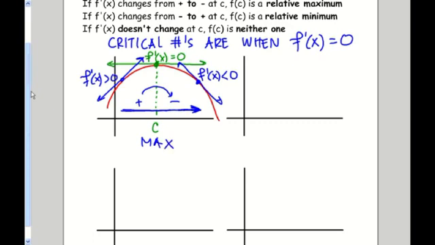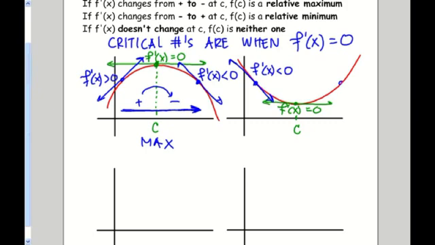Take a look at another example. This one, of course, is going to be a minimum. So I've got the same idea. I've got this point where my tangent line has a slope of 0. So f prime of x equals 0. This is my point c. And I take a look at the derivative over here. If I draw this tangent line in, this derivative is less than 0, right? Negative value coming down there.